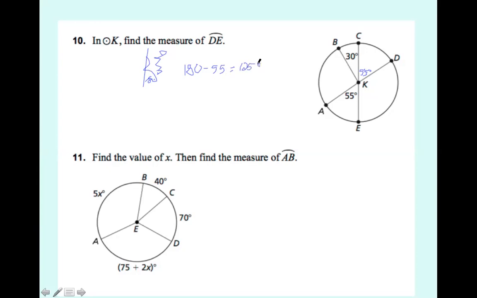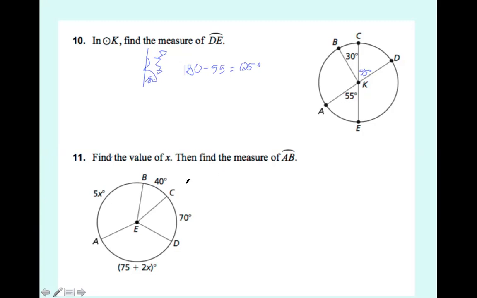All right, question number 11, find the value of X, then find the measure of arc AB. So if I look at this figure down below, I know this is 5X, 40, 70, 75 plus 2X, and all of these arc measures to complete an entire circle would have to have 360 degrees.